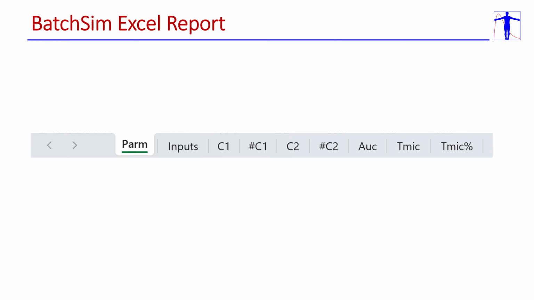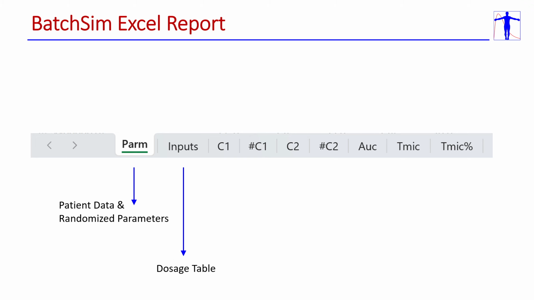The generated BatchSim report contains a number of worksheets. The PARM sheet contains a table of patient data and randomized parameters. The inputs sheet lists all administered dosages. For Curve, 2 worksheets are generated. These represent the variables that were labeled with the simulation tag.